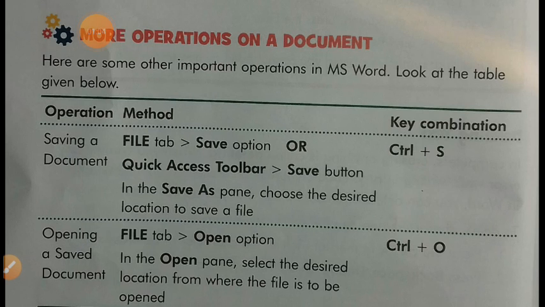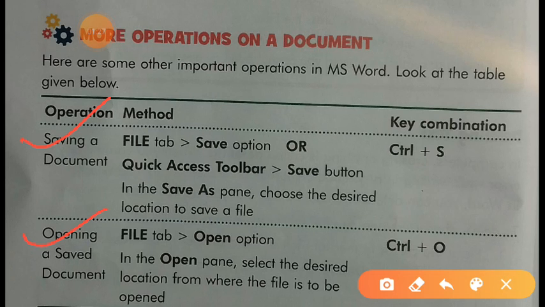So in this section we will learn how to save a document and how to open a saved document. So dear students, there are two methods to save a document in MS Word.